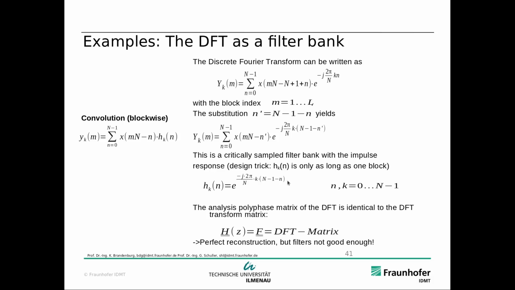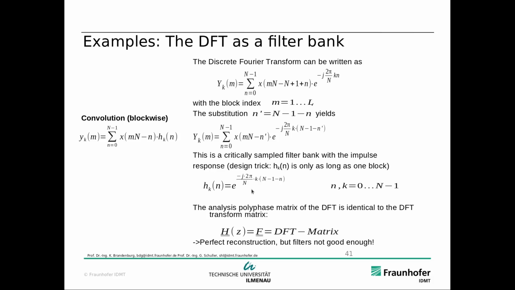So now we have this as a filter bank, and it shows us that h_k, this exponential, is the impulse response of our filter bank. Compare this here. This is our convolution with downsampling, here with phase index 0. Here is the first entry, and here is the second entry, and we see this h_k(n) is exactly this.